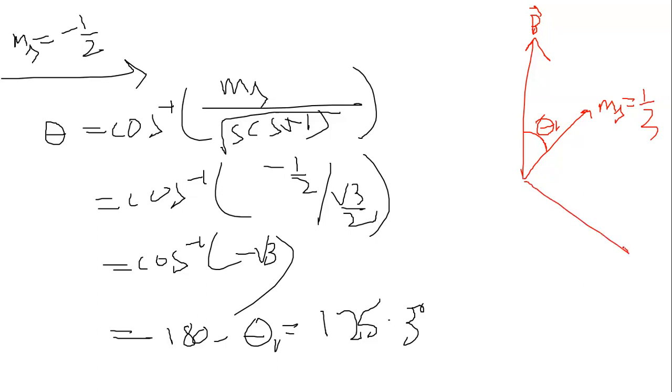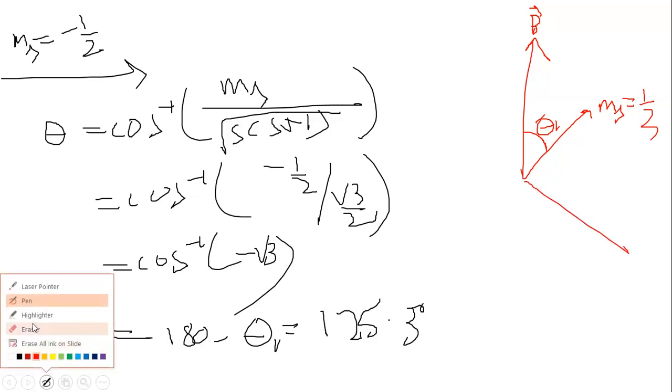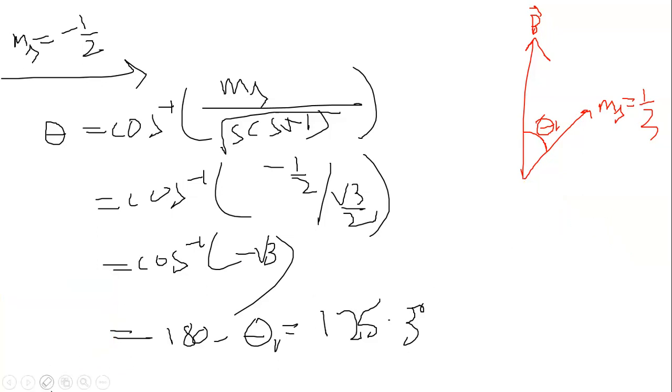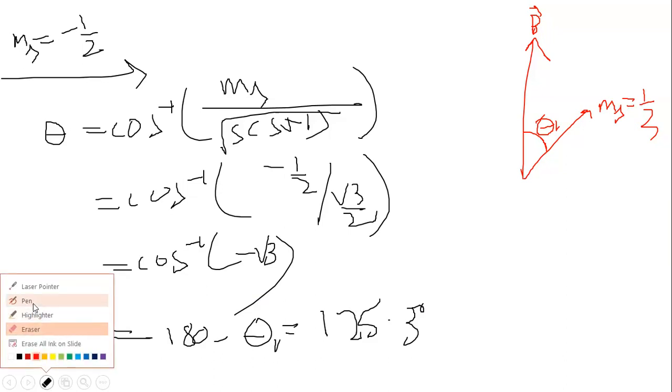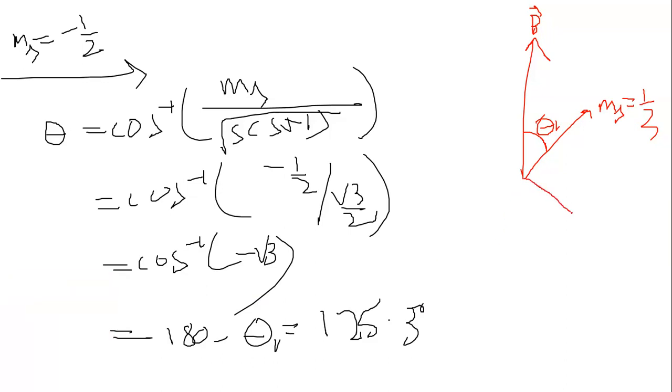There will be another, sorry, the two will be the same because their magnitudes are the same. This is the minus z direction, it will be m_s for minus half, and the angle will be theta 2. So theta 2 is 125.3.